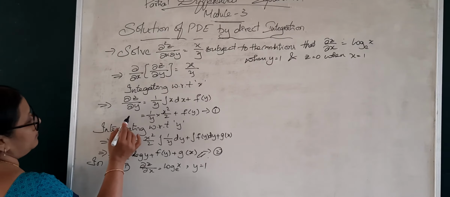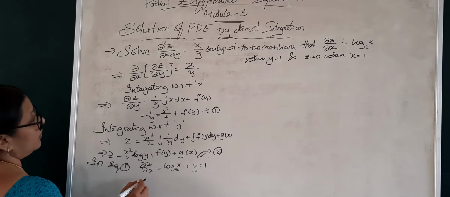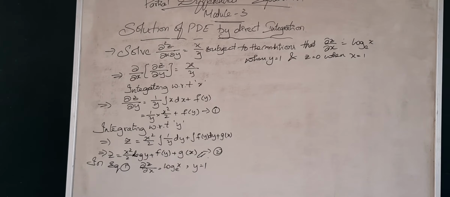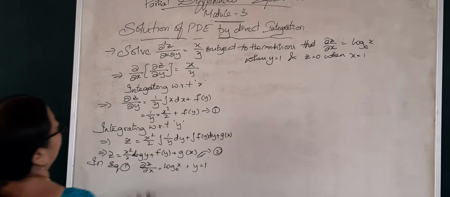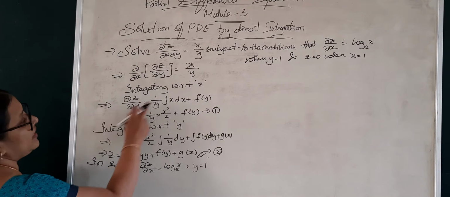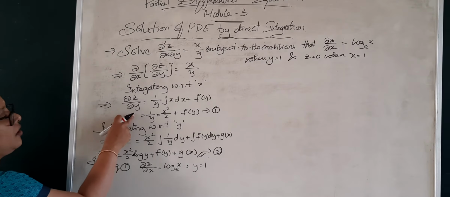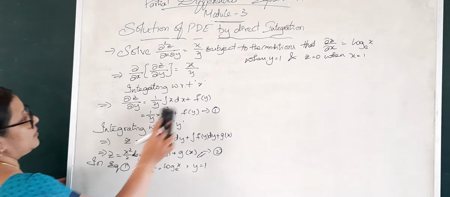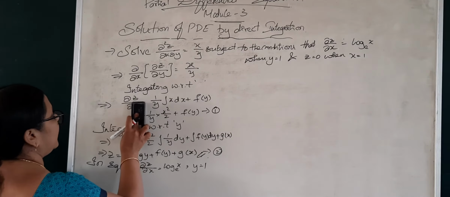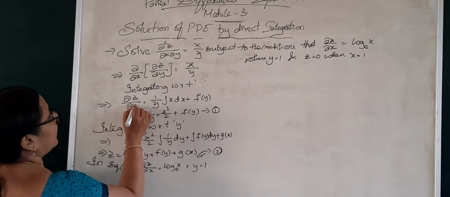So you get dou z by dou y. So you have to replace it. We are not supposed to integrate here with respect to x. Why? Because they have given the condition not with respect to x, instead with respect to y. So this gets changed. So this is y.